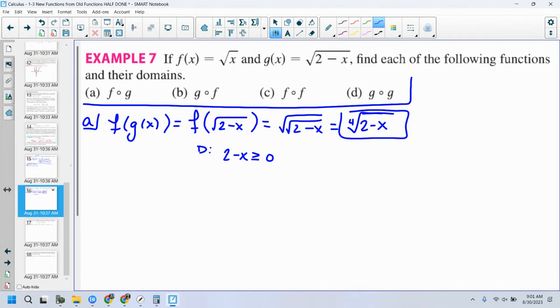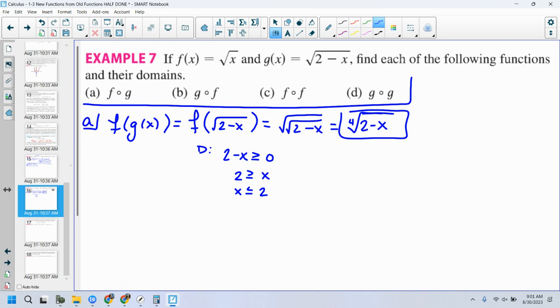Okay, well, add the x over to the other side. So x has to be less than or equal to 2. There's the domain of g. Because if it's greater than 2, what happens? If I plug in 2.1 here, 2 minus 2.1, it's negative 0.1. No good. Non-real. So that's why the domain is less than or equal to 2.